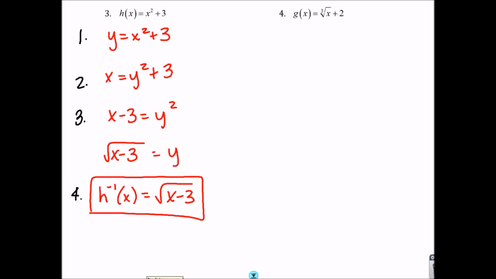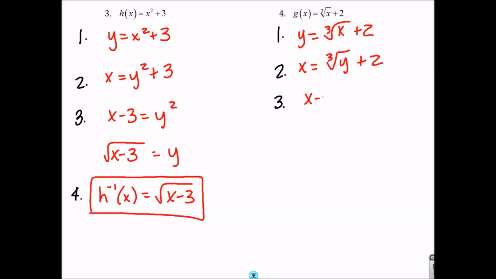And this fourth problem says g of x equals cube root of x plus 2. So our first step is to change it to y. Then we need to switch x and y. Then we need to solve for y. So I'm going to subtract 2 from both sides.